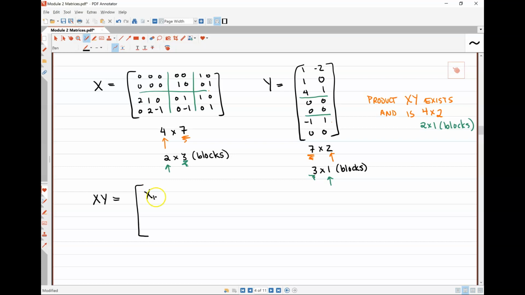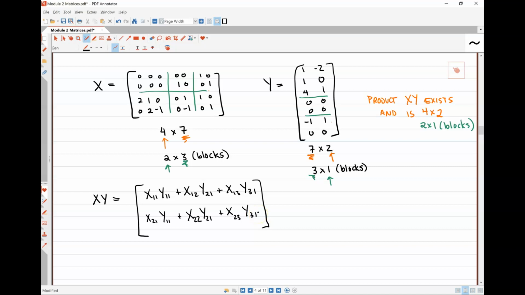So it's going to be x11, y11 plus x12, y21 plus x13, y31 for the first entry. And the second entry is going to be x21, y11 plus x22, y21 plus x23, y31.